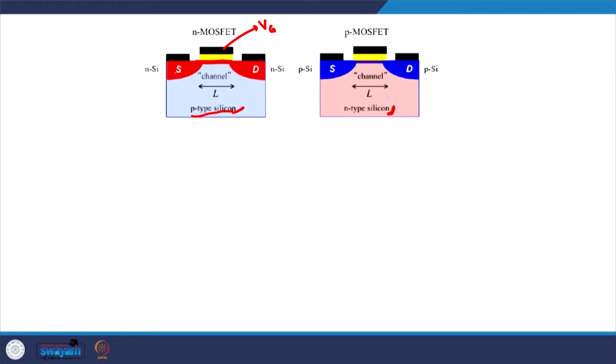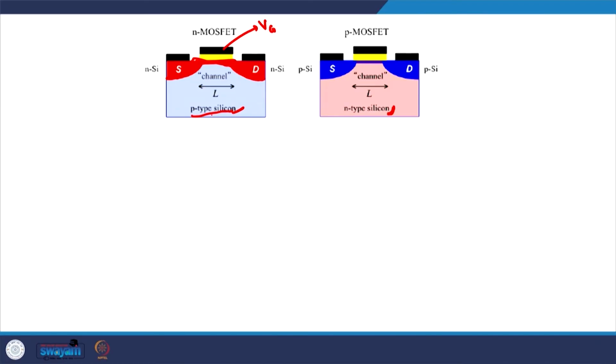As you can see, we have the n-type source, we have the n-type drain, and there will be a very thin layer of electrons here, and in this small region the channel will behave as if it is an n-type silicon material. So, this part of the device will behave like a resistor, and that is known as the on condition of the device. That is how the device is turned on.